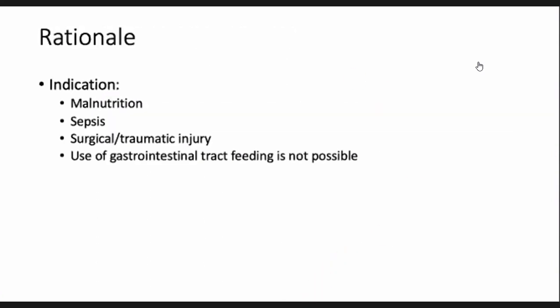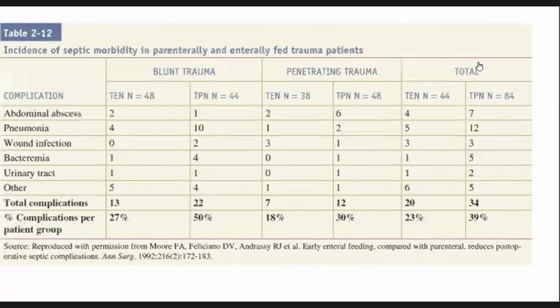The indications include malnutrition, sepsis, surgical or traumatic injury, and if the use of a gastrointestinal tract feeding is not possible. This is a table depicting the incidence of septic morbidity in parenterally and enterally fed trauma patients.